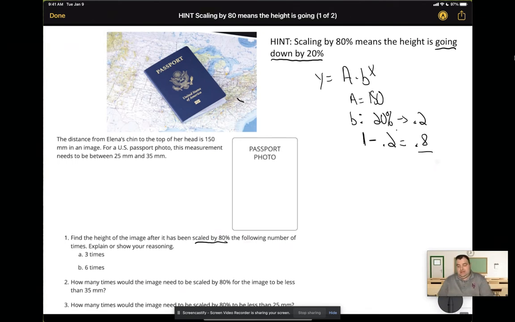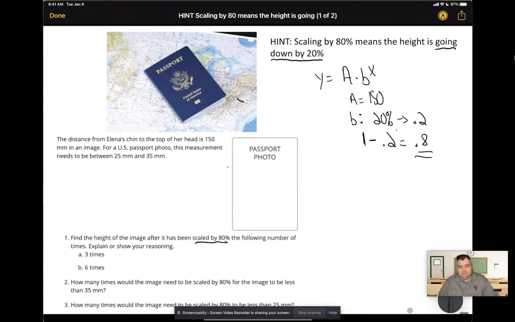So my decay factor, my B value, is going to be 0.8. If I were scaling by, for example, 60%, that would mean I'm going down by 40% each time, and I do the same thing I did here. But in this case, we're scaling by 80%, which means we're going down by 20%. How did I get that? 80 plus 20 is 100.